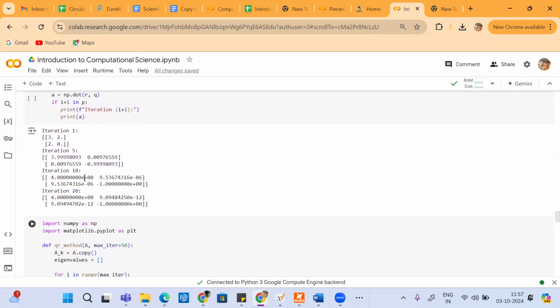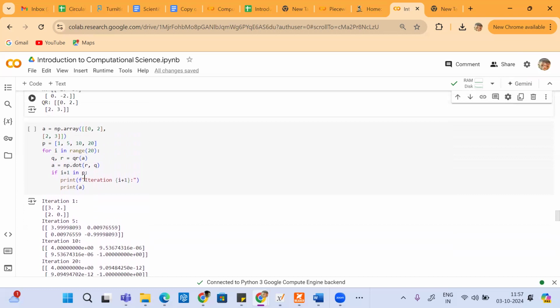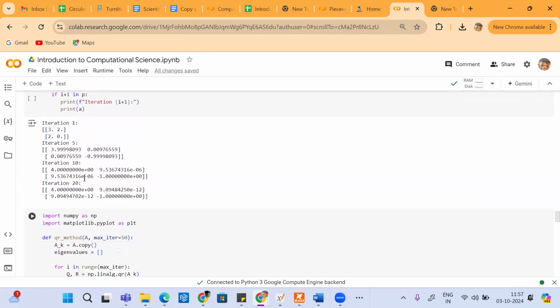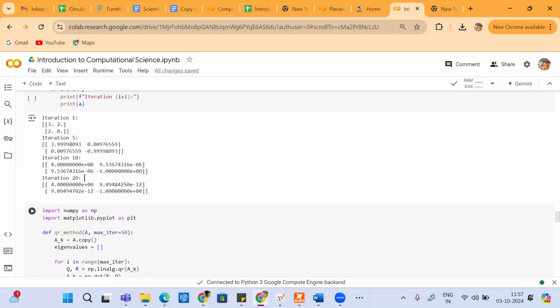Iteration 1, you did R into Q. So you have 3, 2, 2, 0. Then at iteration 5, you can see that the elements have changed considerably. Iteration 10, what can you see?